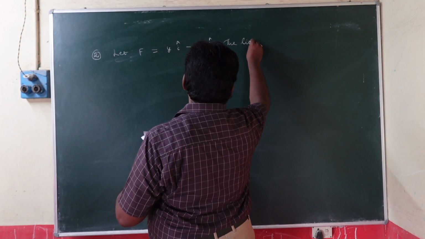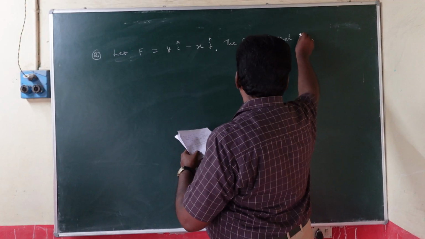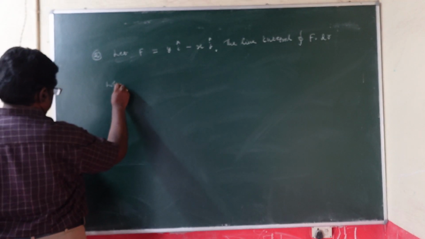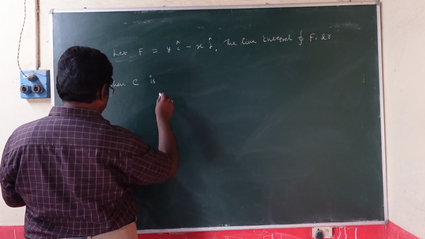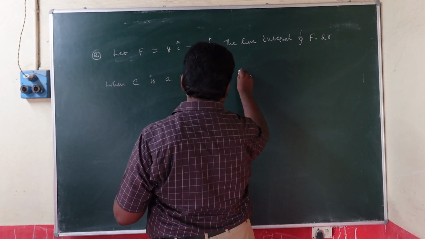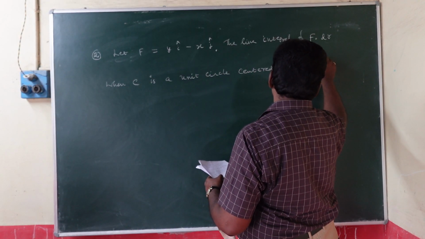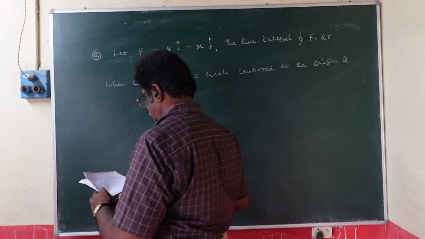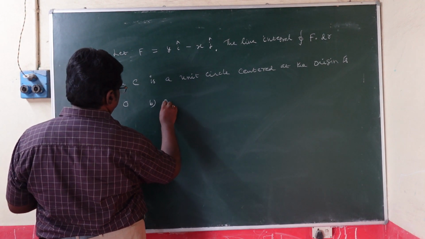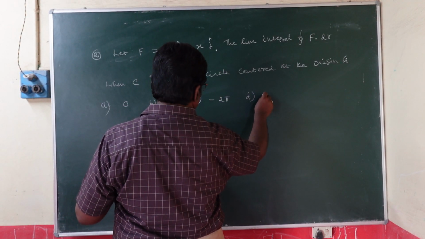The line integral f dot dr when C is a unit circle centered at the origin is option A 0, option B 2 pi, option C minus 2 pi, option D pi.